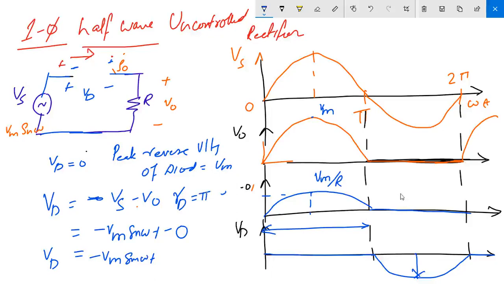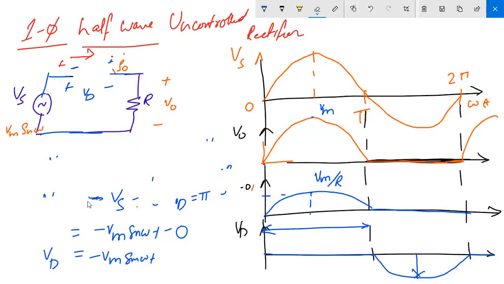Okay. Now next is the RMS value which you are going to get. RMS value of your output voltage, because you are going to calculate the power, and for power P naught it will be V naught square by R, right?